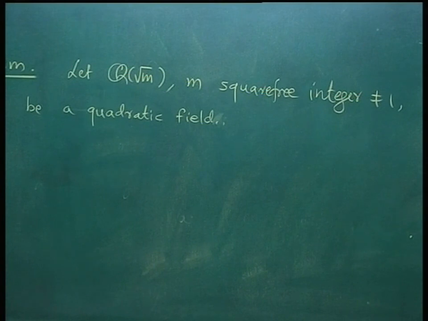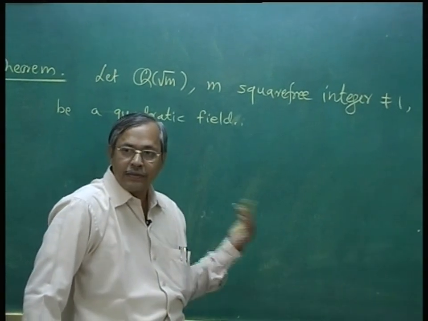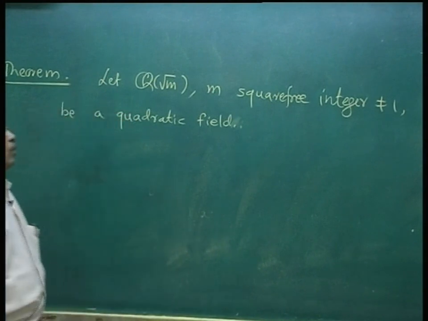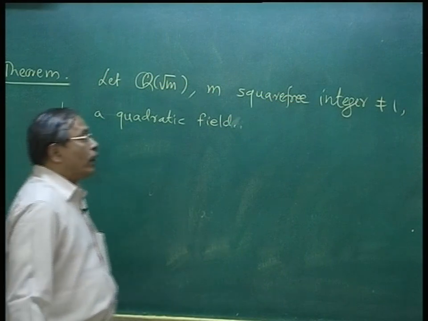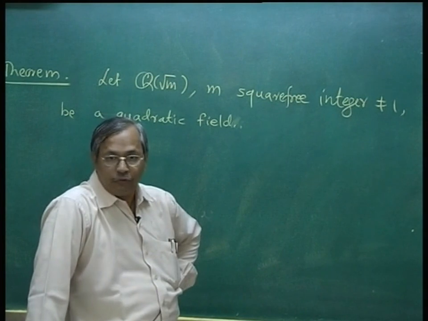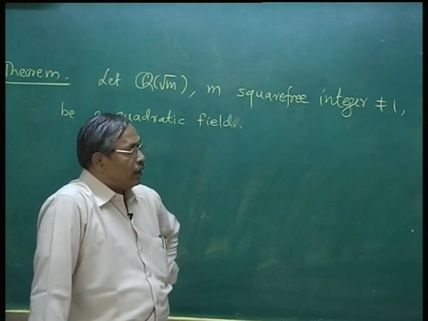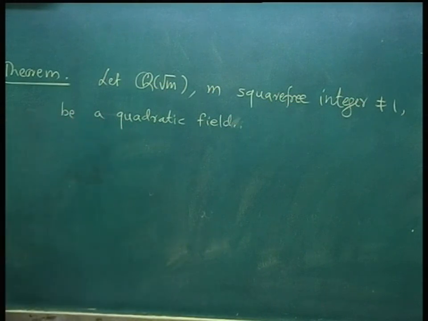Now if C is equal to 1, that is, the element is of the form a plus b√m, that is certainly an algebraic integer. If m is congruent to 1 mod 4, in that case, you can also have 2 in the denominator. That is (a plus b√m)/2.